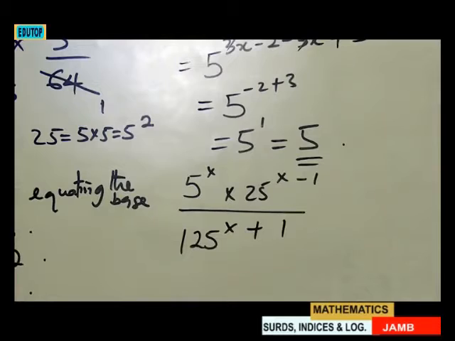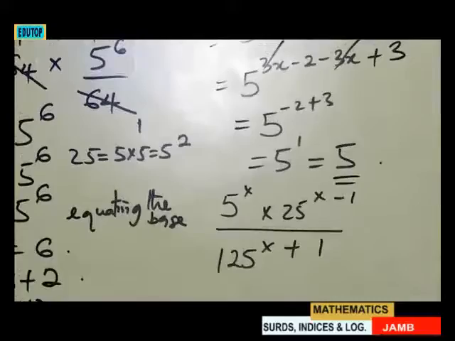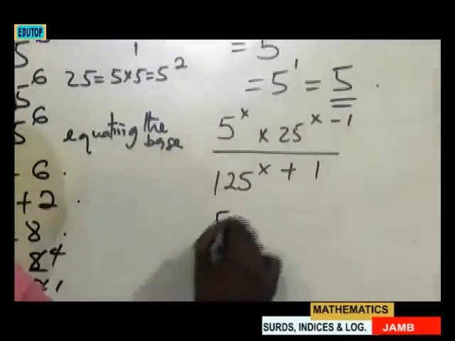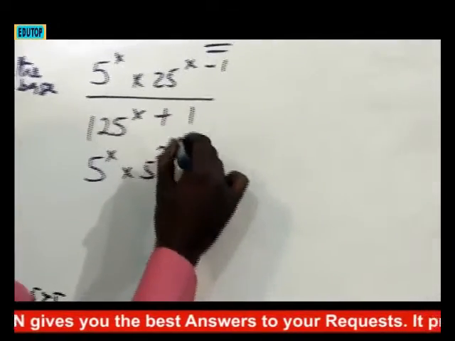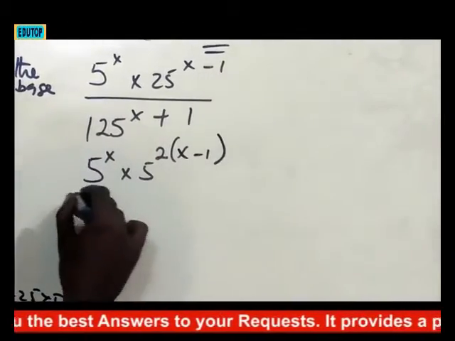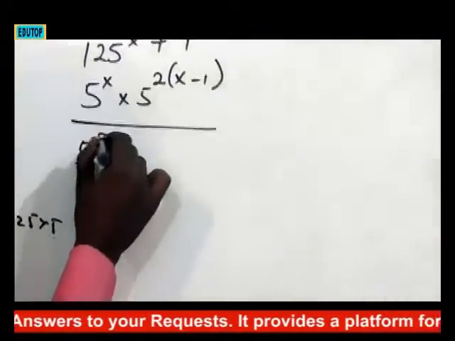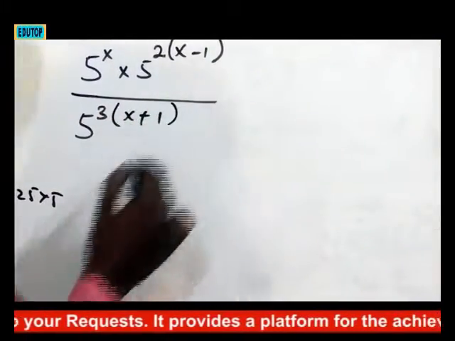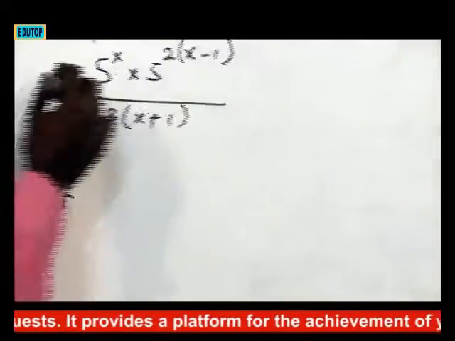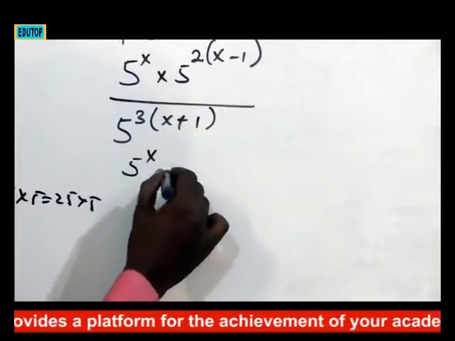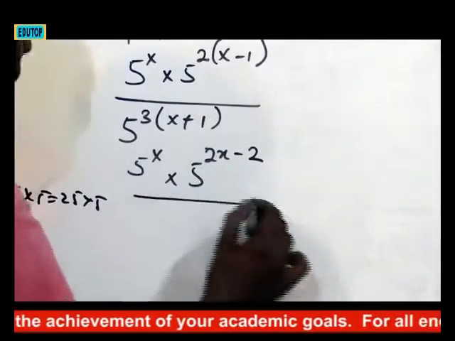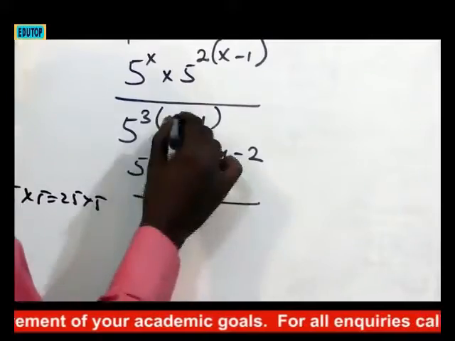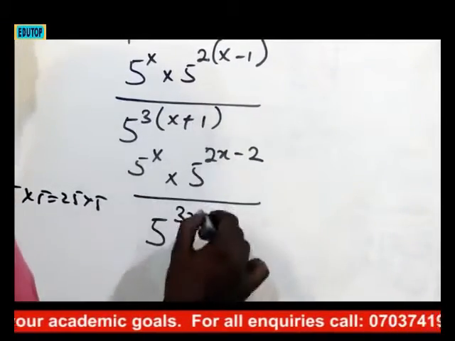If you have this kind of possibility, then by the time you solve this and you get to this junction, you have 5x times 5 raised to power 2 into x minus 1 over 5 raised to power 3 into x plus 1. If this is what you are having and you open up this, you have 5x times 5 raised to power 2x minus 2 over 5, 3 times this 3x, 3 times this plus 3.